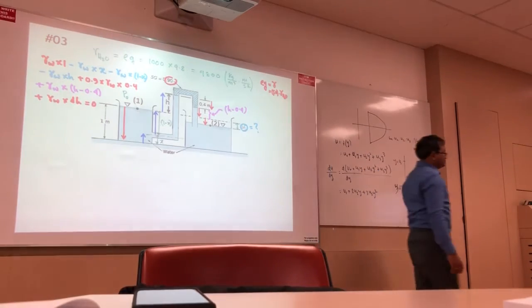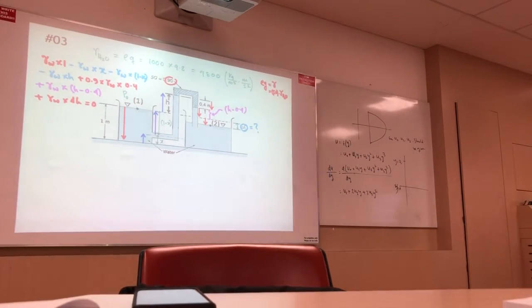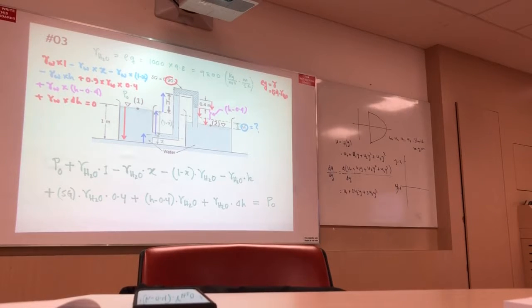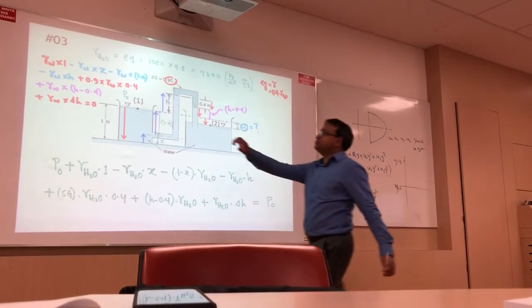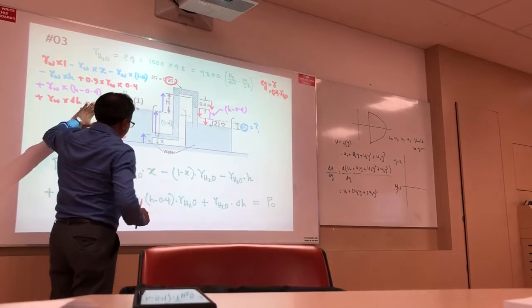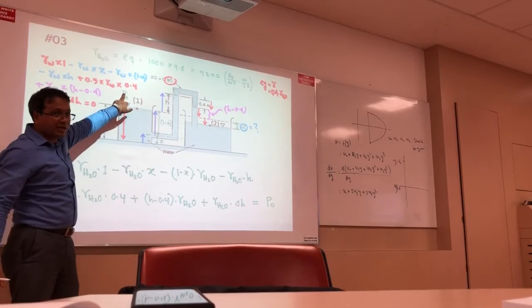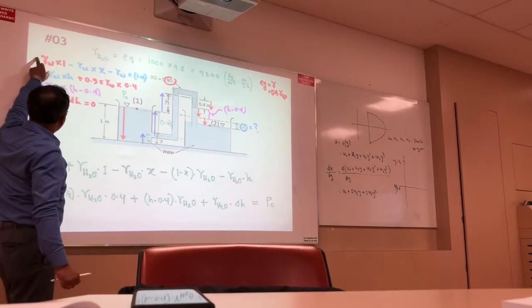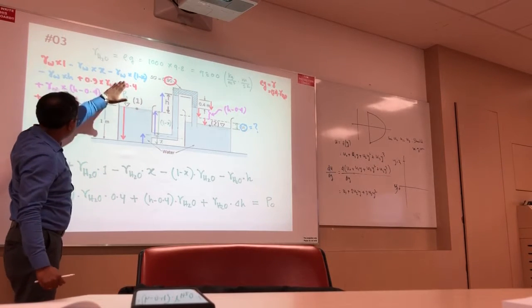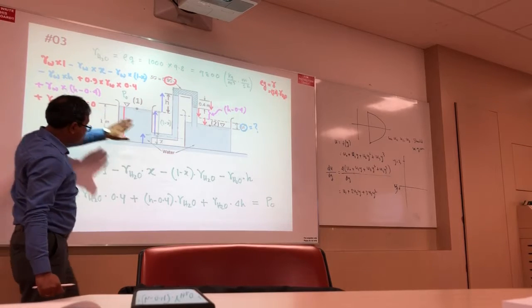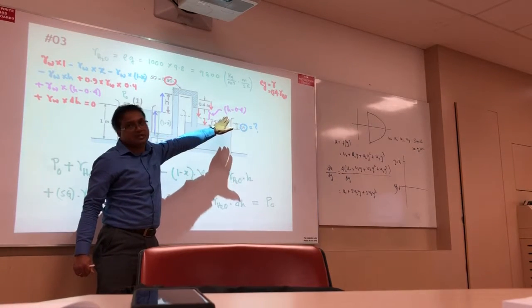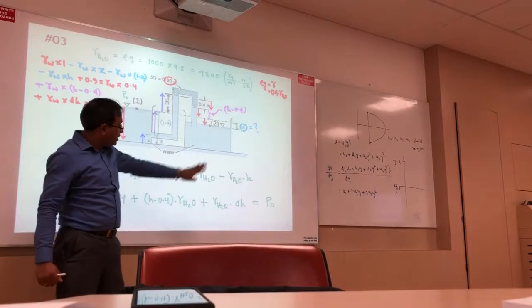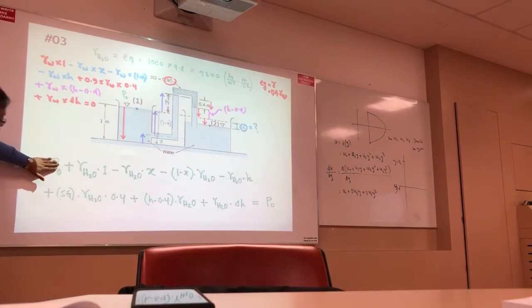Then I can skip. If you consider air pressure, plus this one plus this one plus this one plus this one is equivalent to again air pressure. Same thing. Right? In this method I show you, I consider the air pressure.